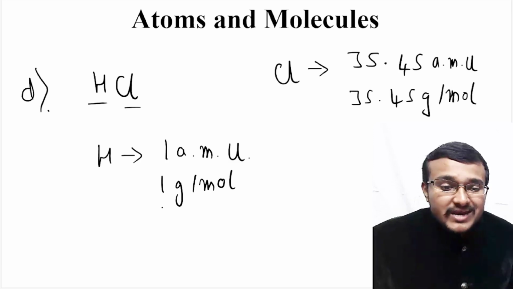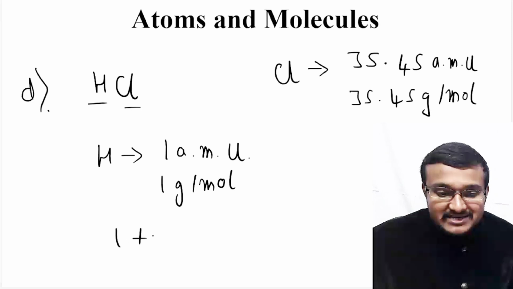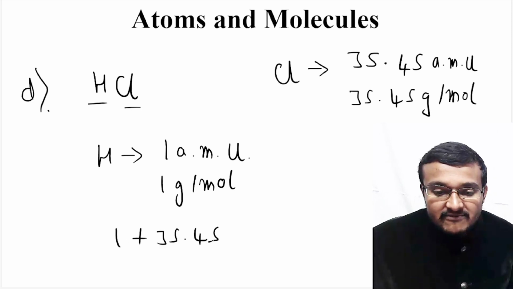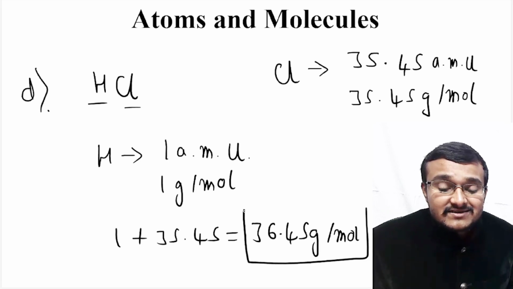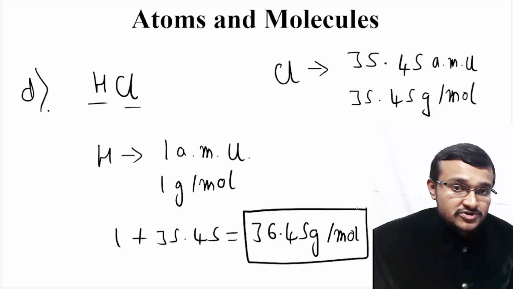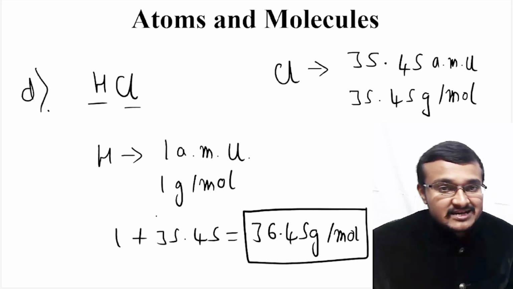Now you can add these two. So 1 plus 35.45 will be equal to 36.45 gram per mole. So 36.45 gram per mole is the answer for this D question. This is the molar mass of the HCl molecule.